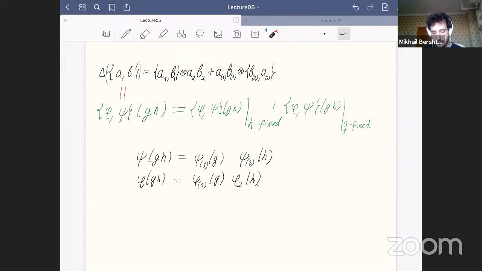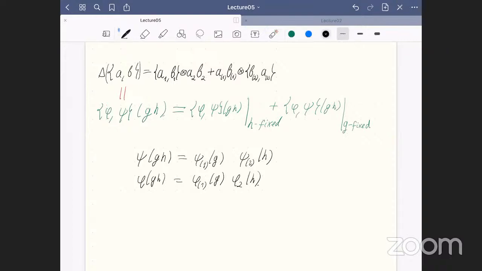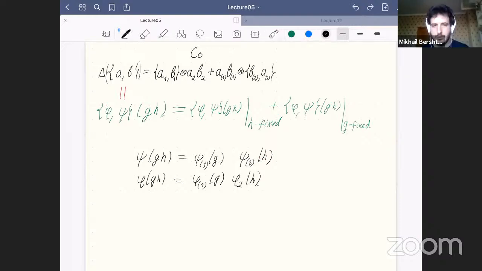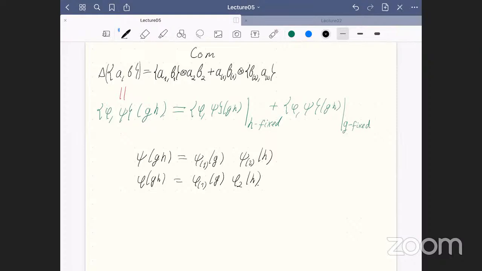Mhm. Yeah, for me, probably it's simpler to think about variation, not derivative. I mean, in the form G plus something small, and then it's obvious that the left-hand side and the right-hand side are the same.